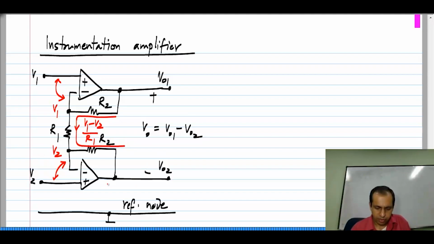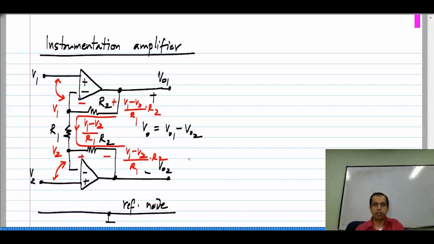So, the voltage drop across R2 is in this polarity, this current times R2. It is (V1 minus V2) by R1 times R2, and similarly across this R2 with this polarity we have (V1 minus V2) by R1 times R2.